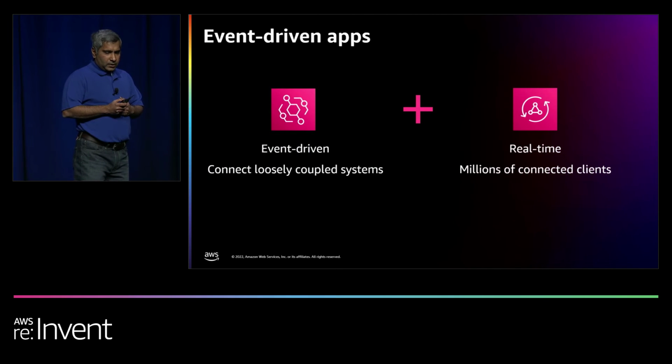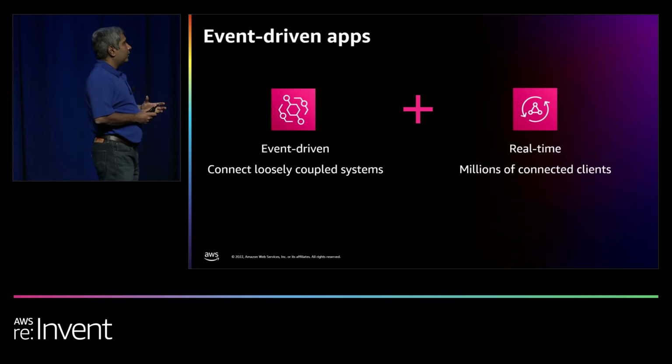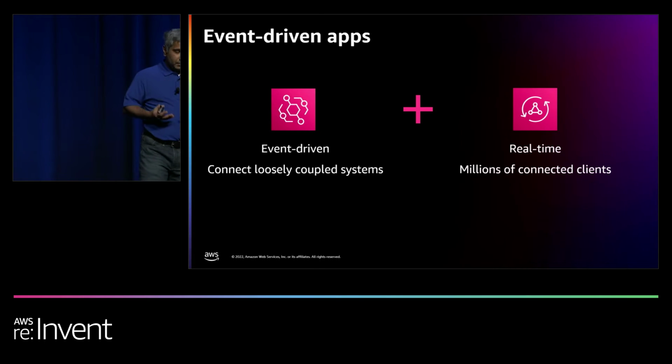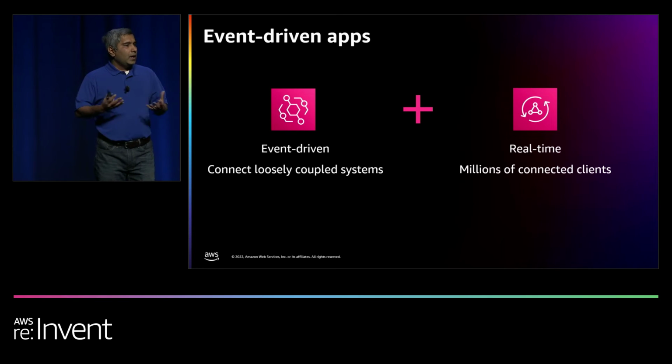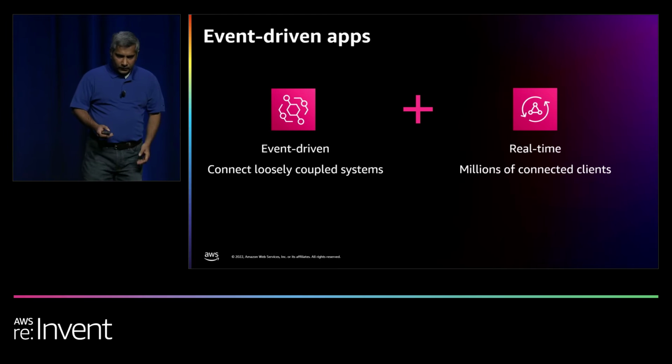Again, when you combine the power of EventBridge, which is event-driven and connects loosely coupled systems, with AppSync, which is real-time and connects to millions of clients, you are unleashing the possibility of making any system real-time and also event-driven.